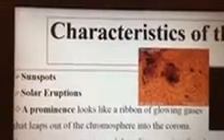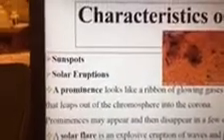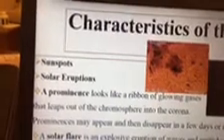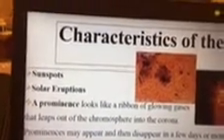Now, solar eruptions. We have two solar eruptions. A prominence looks like a ribbon of glowing gases that leap out of the chromosphere into the corona. Prominences may appear and then disappear in a few days or months.